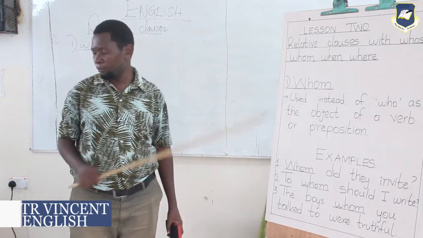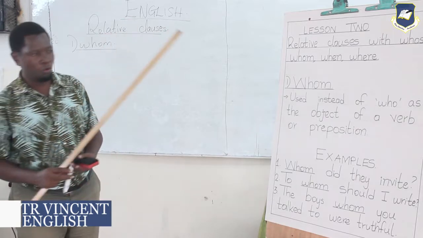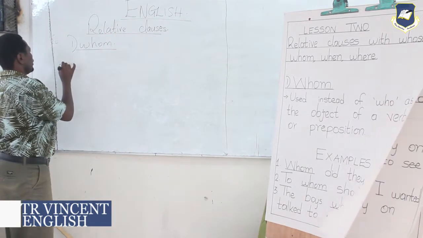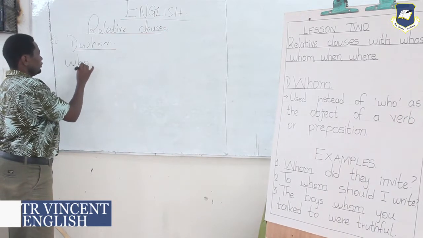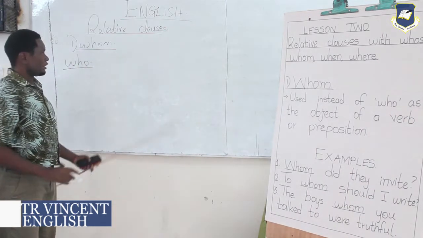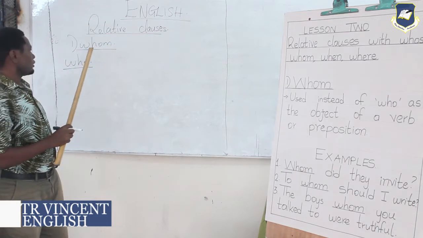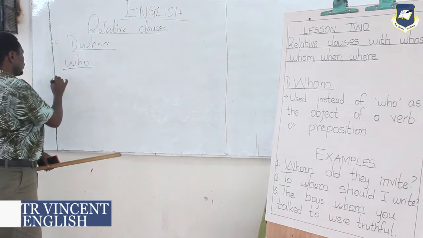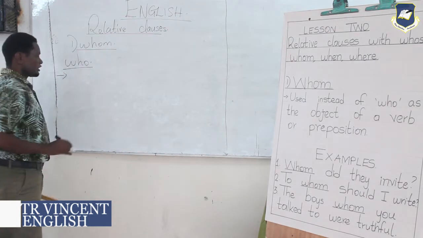The word is whom. Now before we look at whom, I want us to look at this one here, who. Because these ones are words that are normally really confused by most learners. So who, I want us to look at these two sentences.